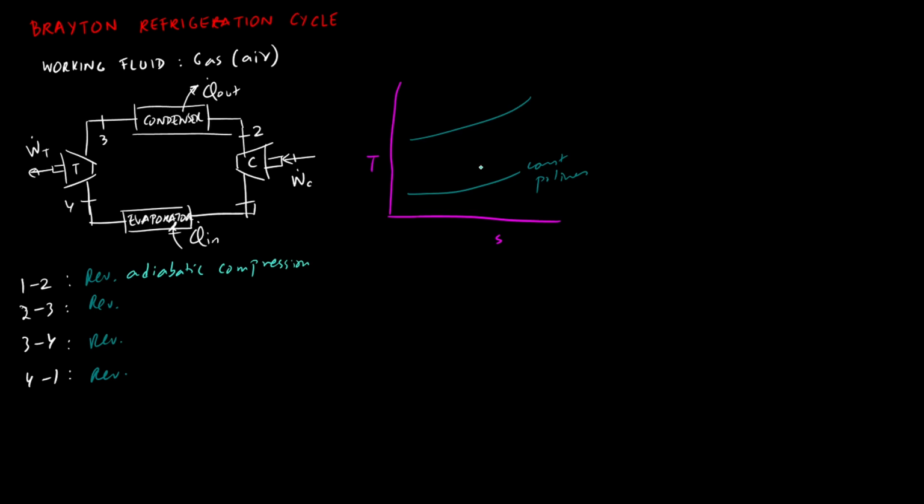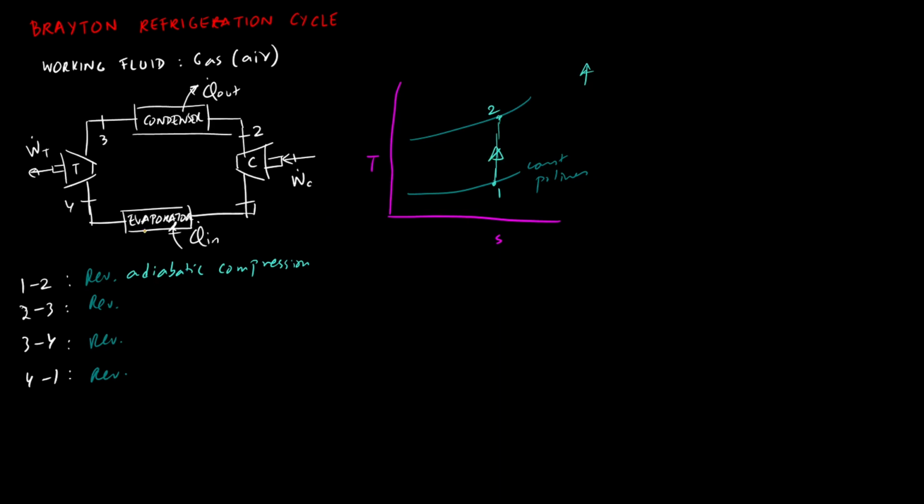So reversible adiabatic compression from state 1, which was at low pressure, to state 2, which is now going to be at a higher pressure, and compression is always in the vertical direction on the TS diagram, vertically upwards. So that's process 1 to 2.